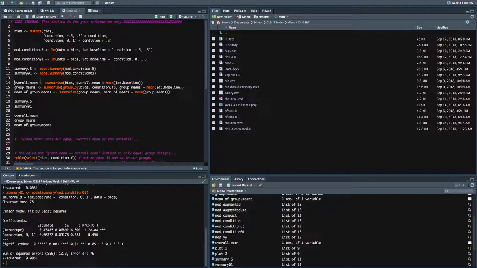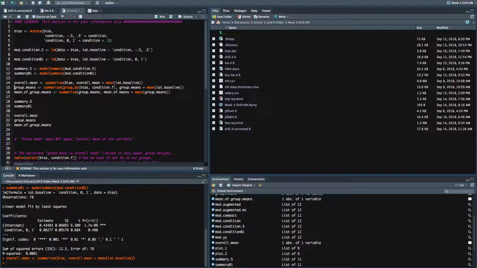And then I'm going to calculate some means here. First I'm going to get the overall mean by taking from the bias data frame the mean of that IAT baseline. For the group means, I'm going to get the means of each condition group.